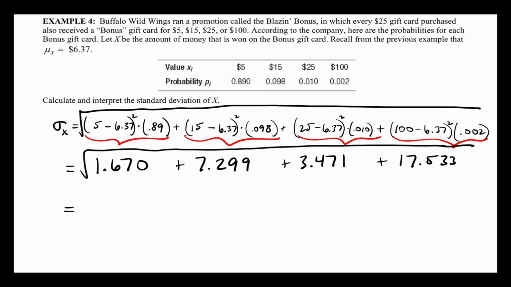Okay. Plus 1.67 plus 7.299 plus 3.471. Then I get the square root of 29.973, and I get 5.475.